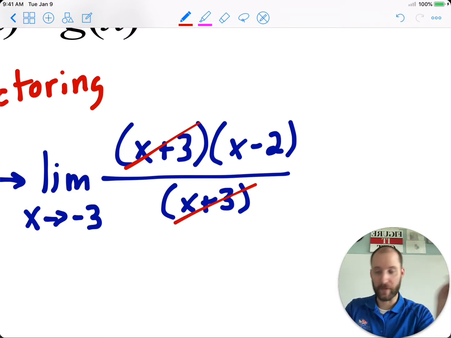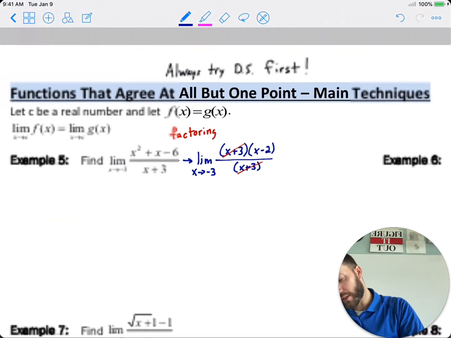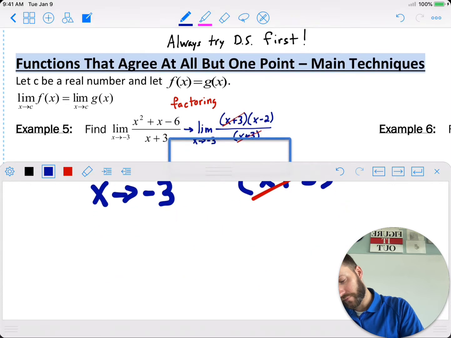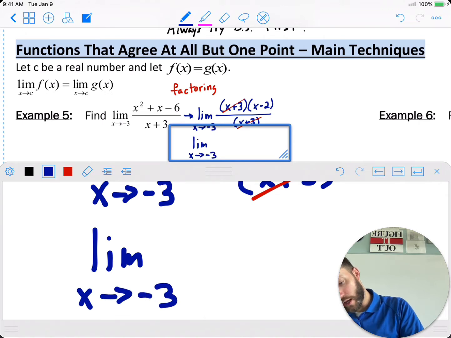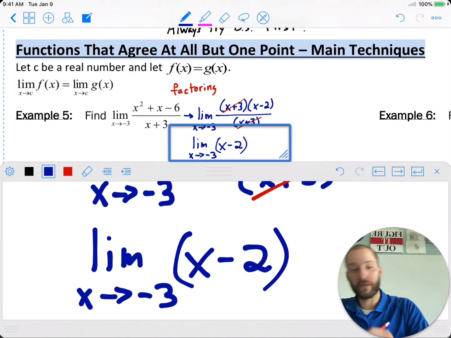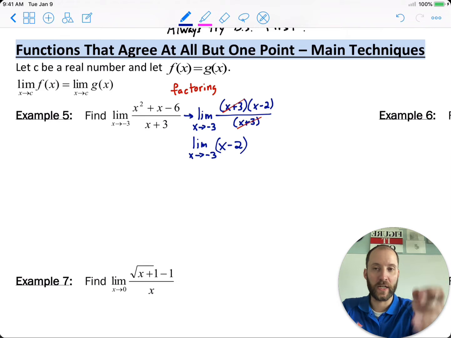You're getting rid of it. So you're left with the limit as x approaches -3 of x minus 2, your remaining factor.